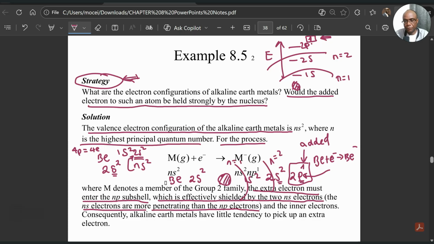They're attracted to the nucleus more than the p because they are closer to the nucleus. These s electrons are closer to the nucleus than the extra p you're adding. This is your nucleus. Consequently, alkali earth metals have little tendency to pick up an extra electron because it's not going to be stabilized or attracted to the nucleus, being too far away.